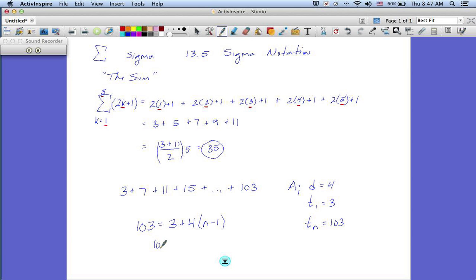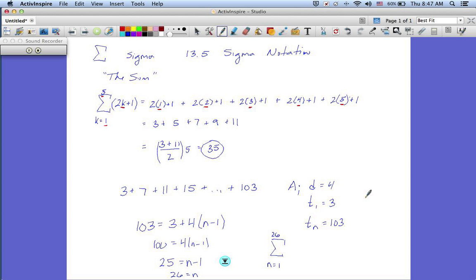Subtract 3, divide by 4, and add 1. So n is 26. So I can write this situation down, n going from 1 to 26. And now what's my formula?